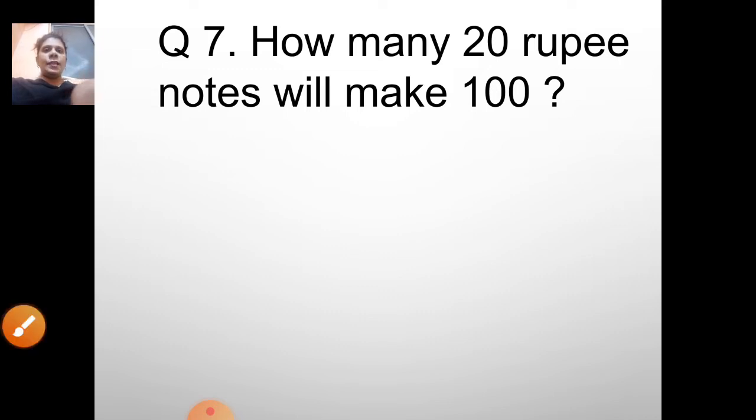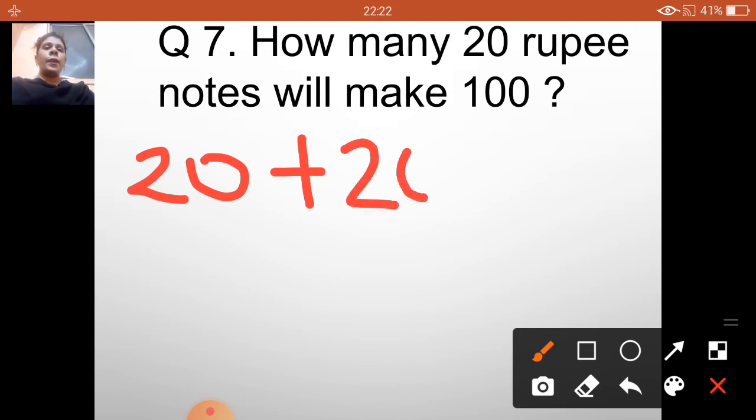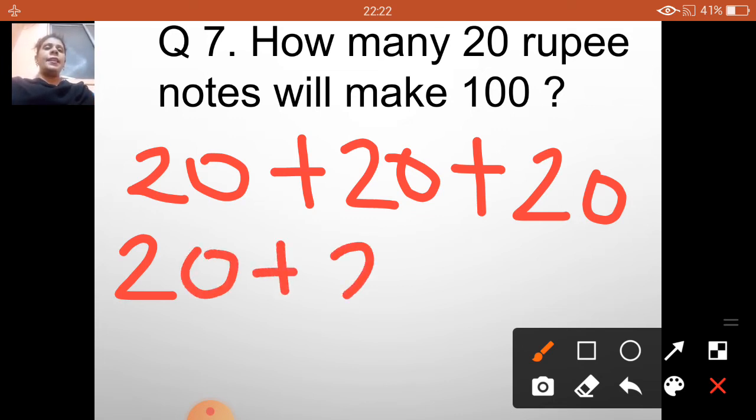Let us count and see. One note of 20, another 20, that is 40, then 20 will be 60, then 20 will be 80, and then if we add one more 20 it will become 100.